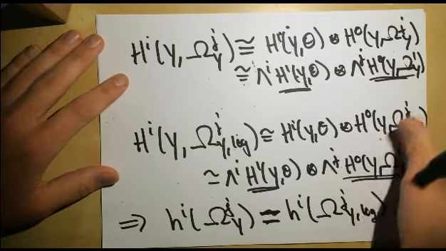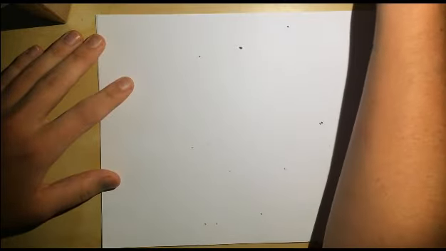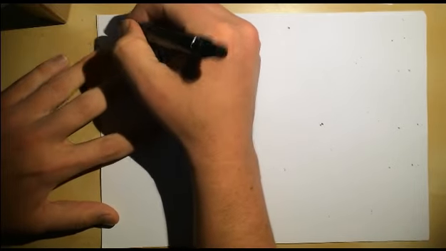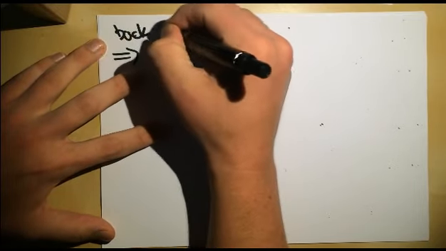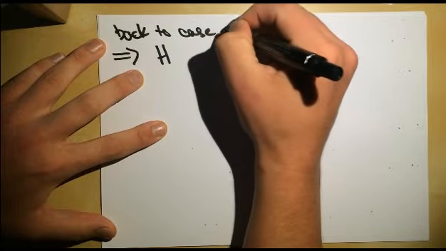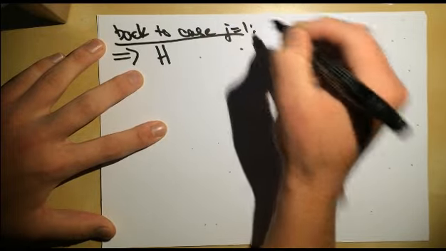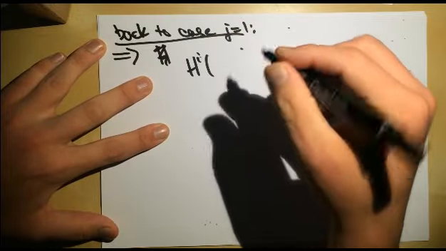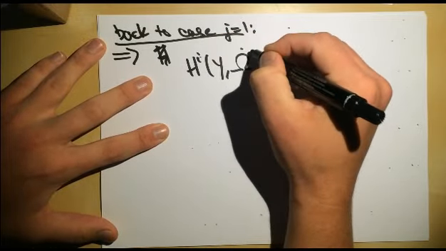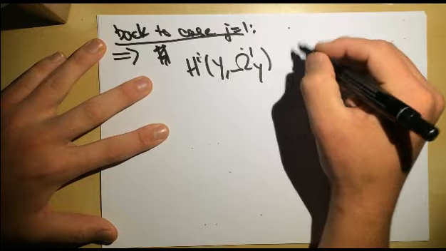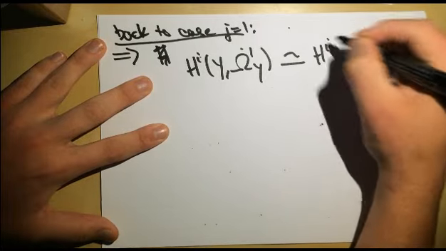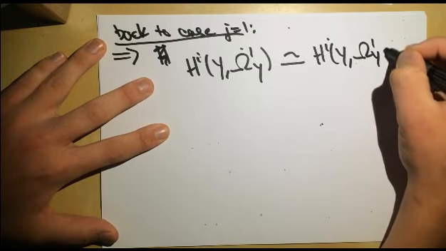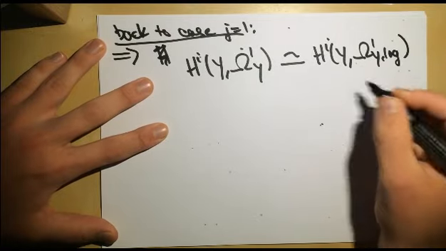So this tells us, back to the case J equal to 1, so what did we get? At the end of the day, we got that H^i(Y, Ω^1_Y) is isomorphic to this. We had this injective map, and now that we know the dimensions are the same, this injective map is a bijection.